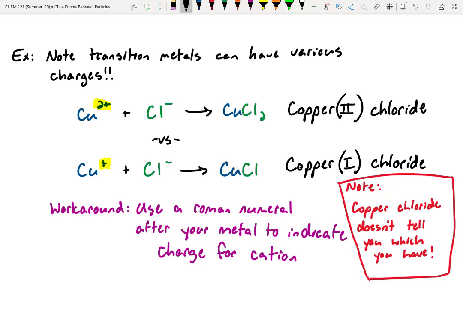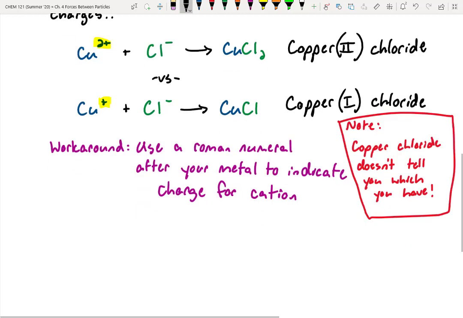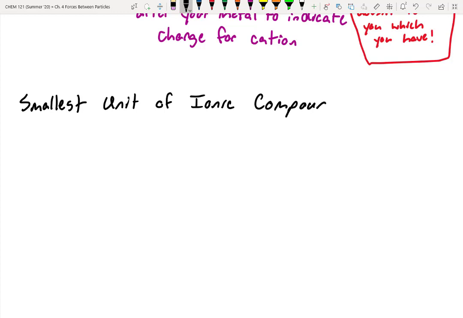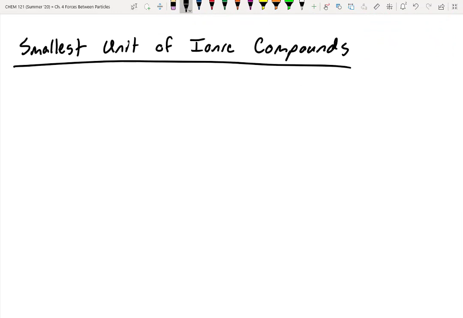All right, so let's go back and take a look at the idea of the smallest unit of ionic compounds. Let's go ahead and view sodium chloride, which is just NaCl.